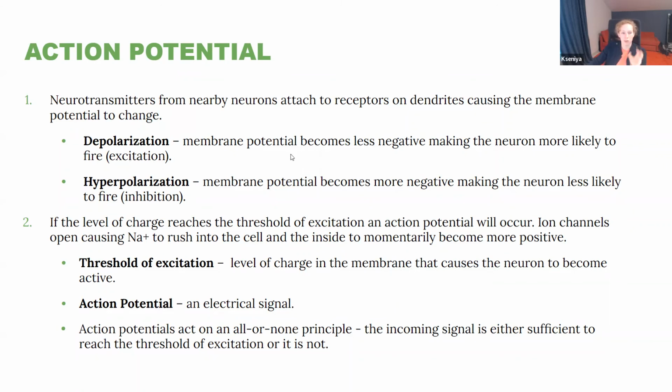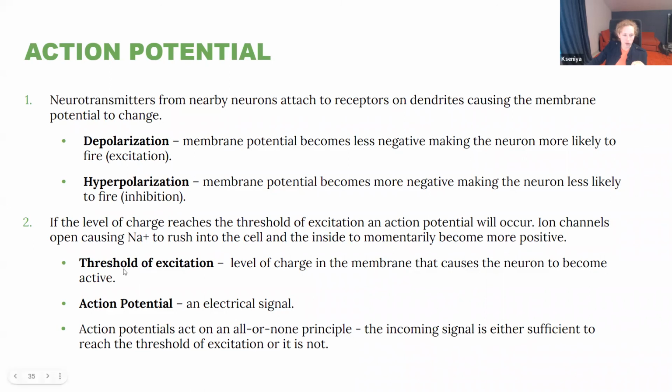Depolarization is when the membrane potential becomes less negative, making the neuron more likely to fire, or excitation, and hyperpolarization is when the membrane potential becomes more negative, making the neuron less likely to fire, or inhibition. So with the help of GABA, we can have hyperpolarization, and with the help of glutamate, we can have depolarization.